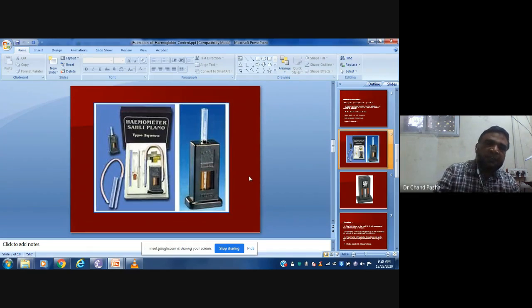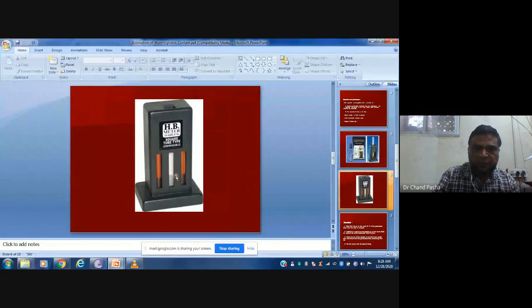Two tubes are adjacent to the graduated tube, and this entire setup is the hemometer, or Sahli's hemometer. This is the central one, and these are the two side by side standard references. You are supposed to dilute the hematin such that this color obtains the same.